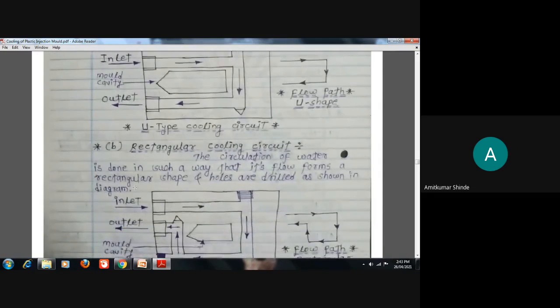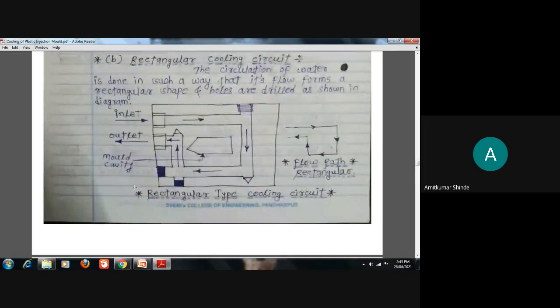Then when circulation of water is done in such a way that its flow forms a rectangle, a rectangular shape, and this water flows through the holes drilled directly in that mold plate.